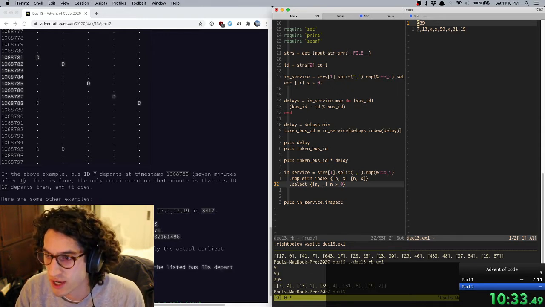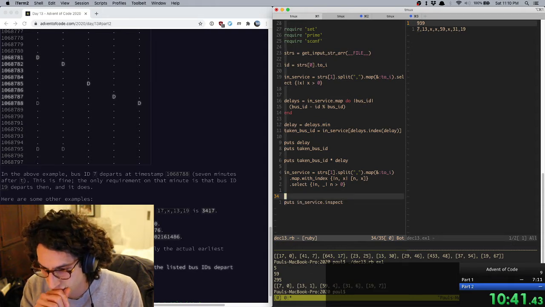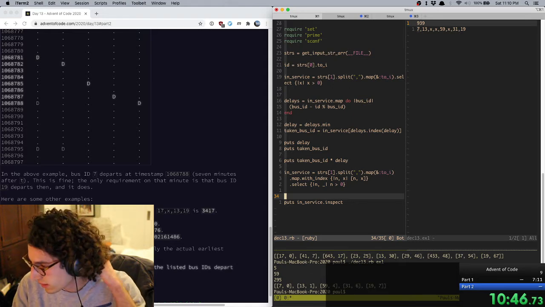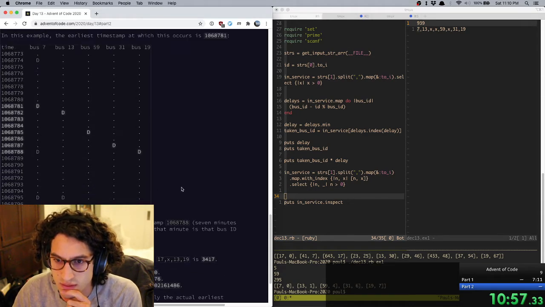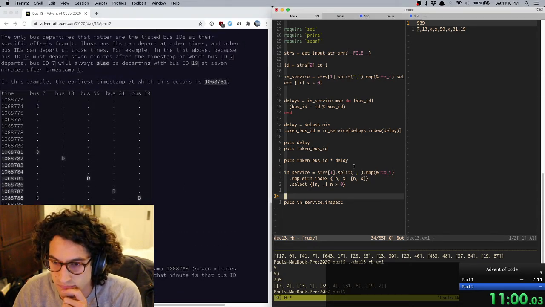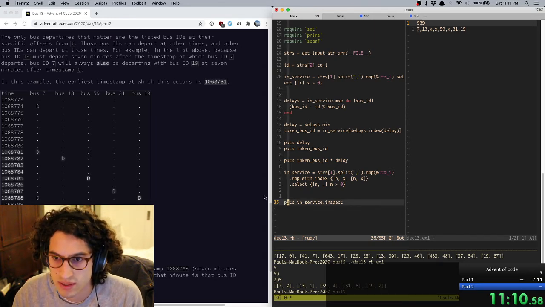All right, so this is some Chinese remainder theorem stuff that I don't know how to do. So these are all primes, and we have some fixed offset of each of them. Let's see.